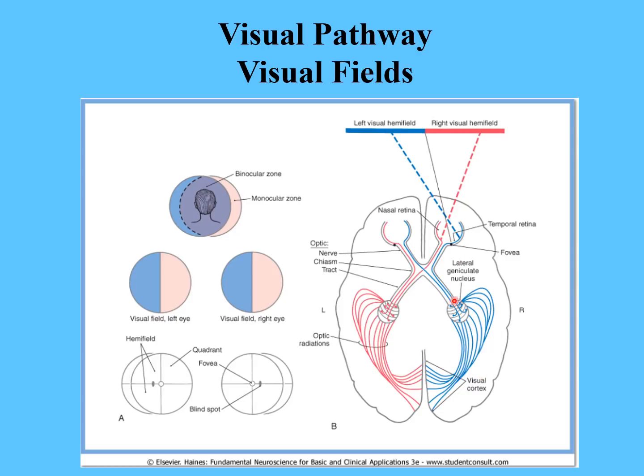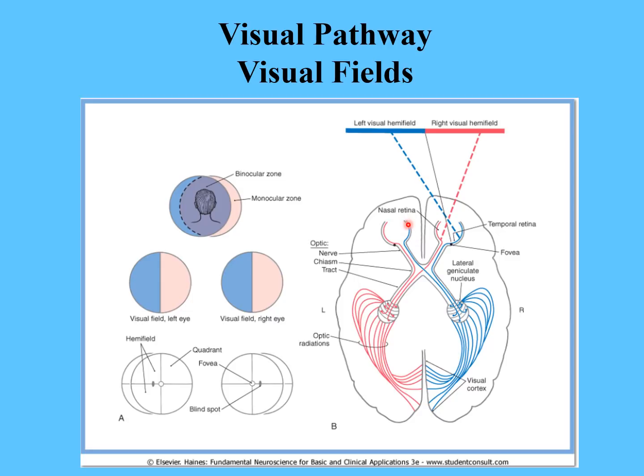If we look at the input from the other eye, the left eye, it's also seeing this left visual field. It will come into this hemiretina, travel through the optic nerve to the chiasm.